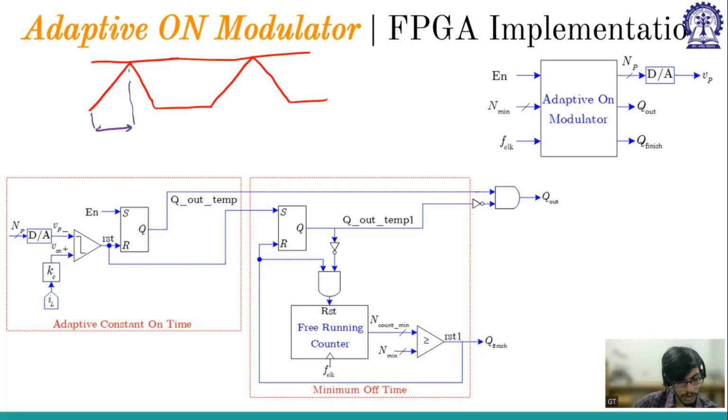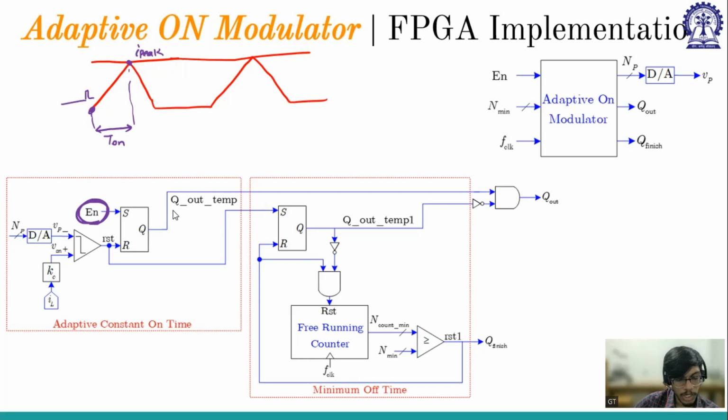But in the case of adaptive on time, the on time is coming when inductor current touches I peak, right? So whenever inductor current touches I peak, I should turn on the on time. So that is what happens. So enable will come, say enable came at this instant.